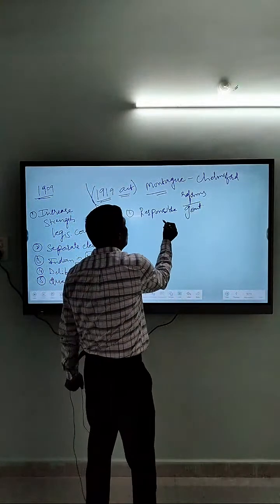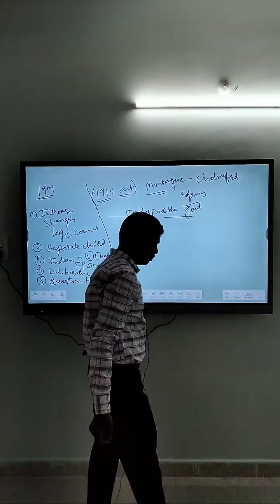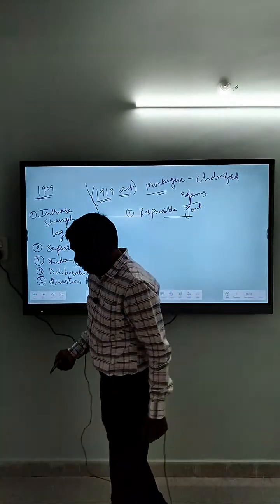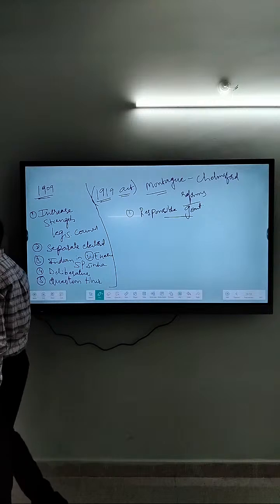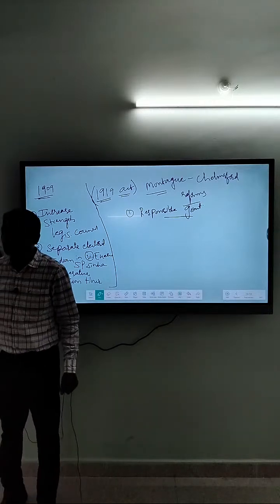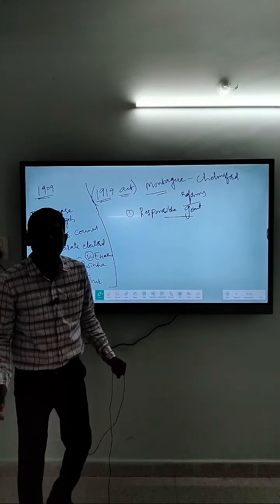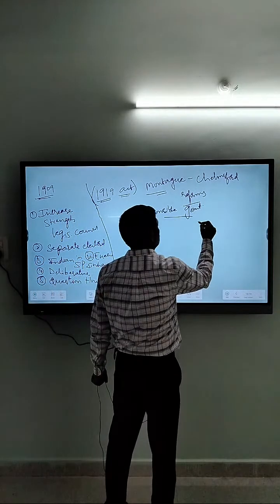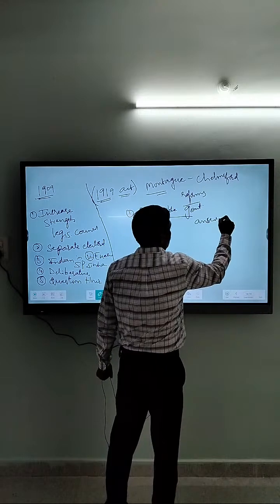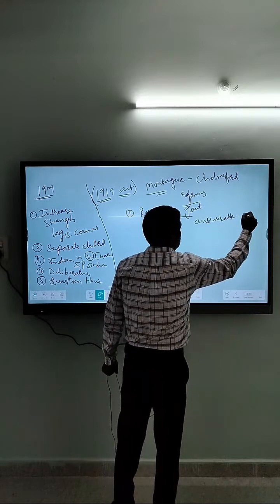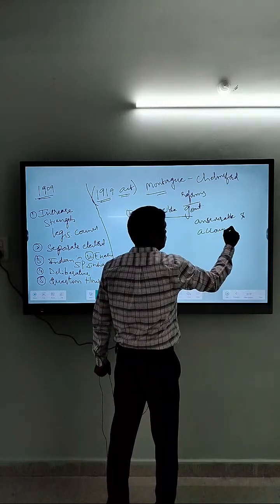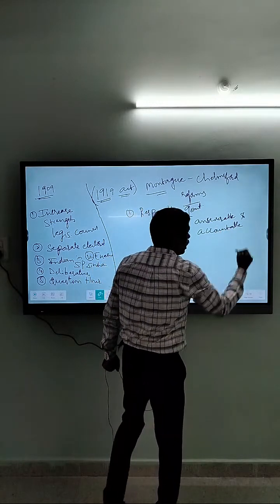Whenever we talk about responsible government, even today in newspapers, you always see this word. So what do you mean by responsible government? It is a government that is answerable and accountable.